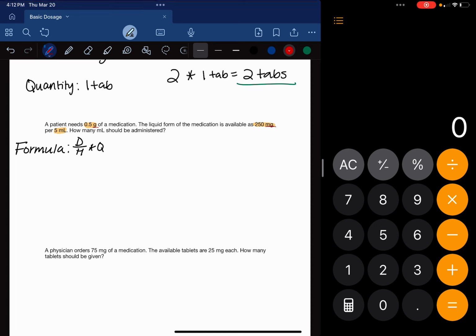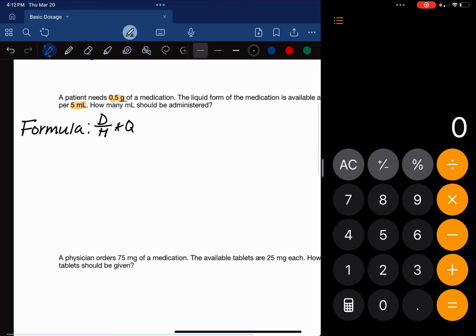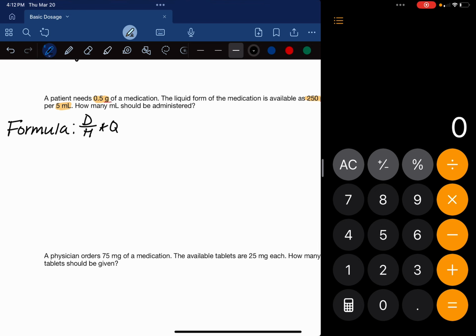So let's go ahead and write out the problem. Dose: 0.5 grams. Have: 250 milligrams.